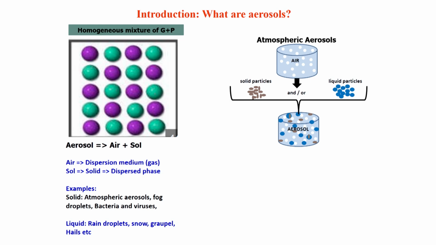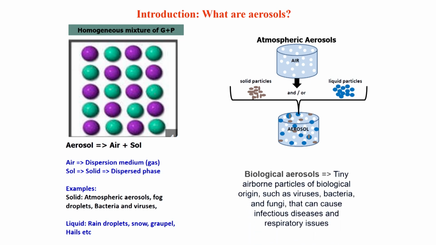If I go to the next slide, nitrogen is 78%, oxygen is 21%, and argon is about 0.9%. This composition remains the same. This composition is not varying at all.